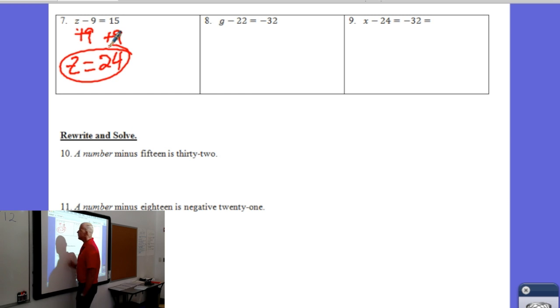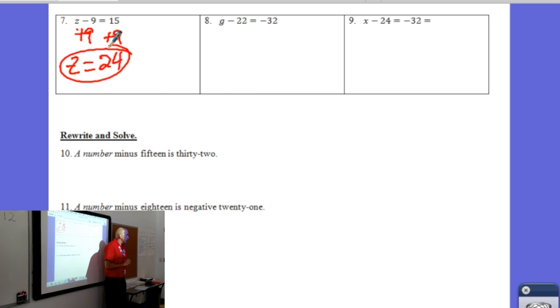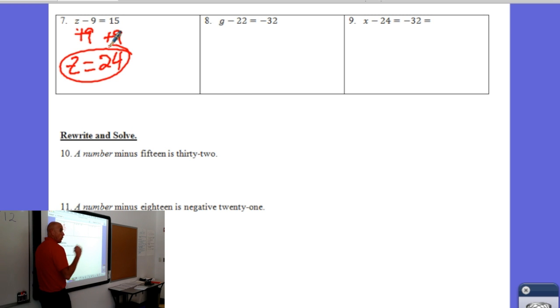Now, real quick, I know you guys like to finish as quick as possible, but how do we check to make sure we are right? Subtract. What do you mean subtract? Subtract 24 minus 15 and that gives you 9. That's one way to do it. Or 9 and they'll give you 15.